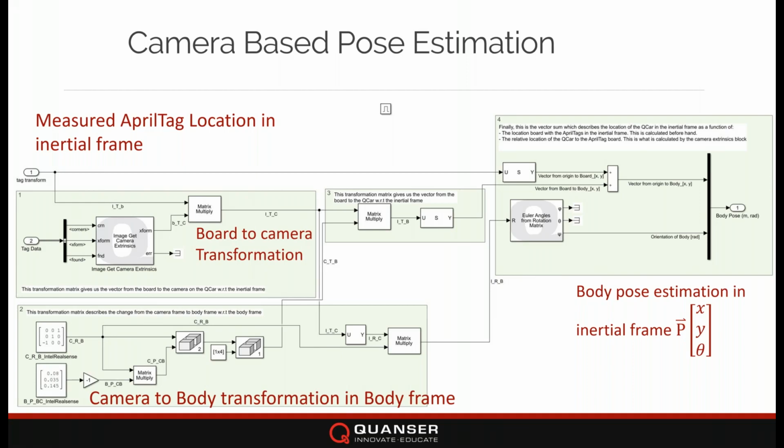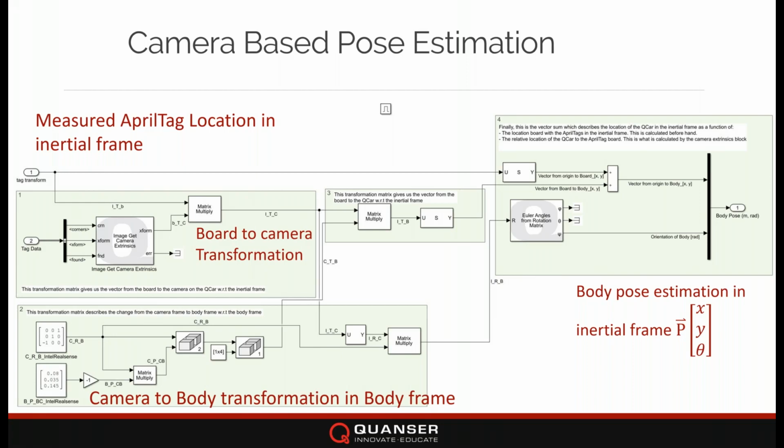Looking at the tag information, I now do a transformation that allows me to define where my camera physically is located with respect to the board. By doing a sequence of rotations and displacements, I can define a transformation matrix going all the way from my camera to my AprilTag board and back to the inertial frame.